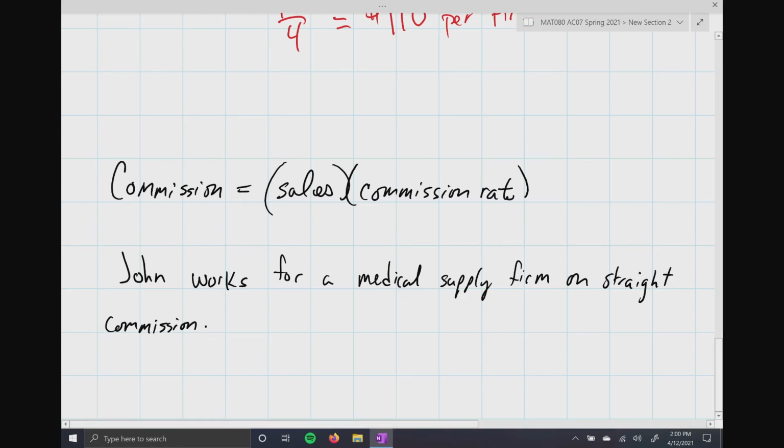So John earns 11% commission on all sales.